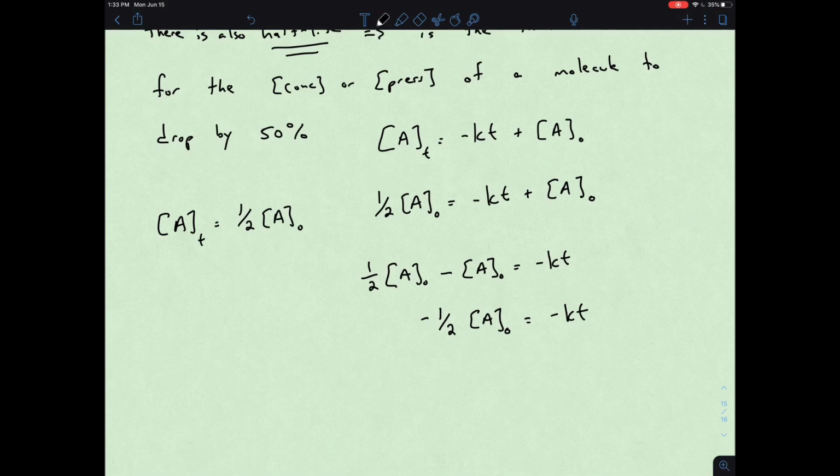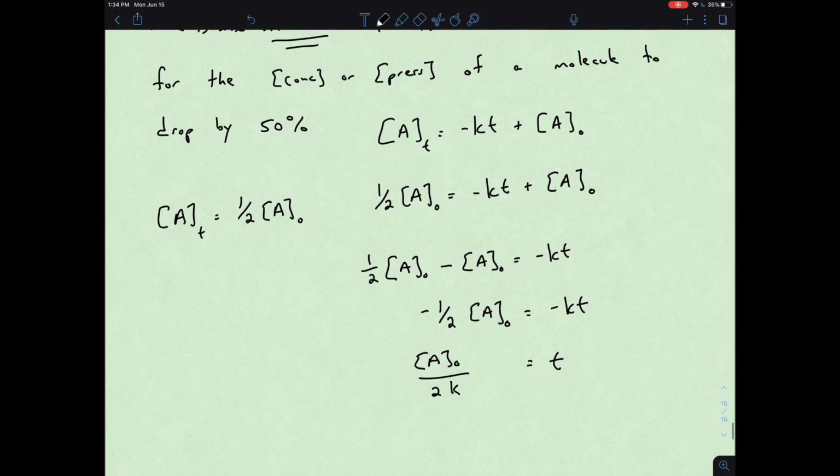And then if I divide over my k, I get my time is equal to A naught over 2k. And that is known as our half-life expression.